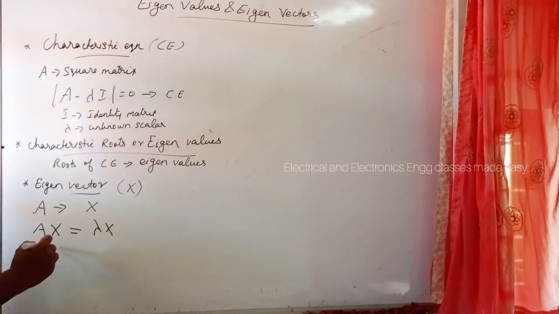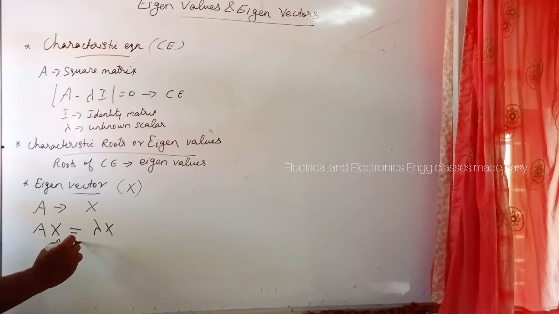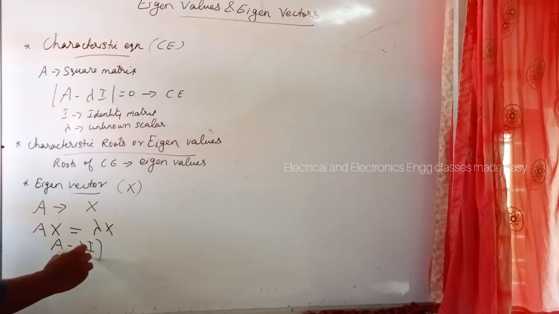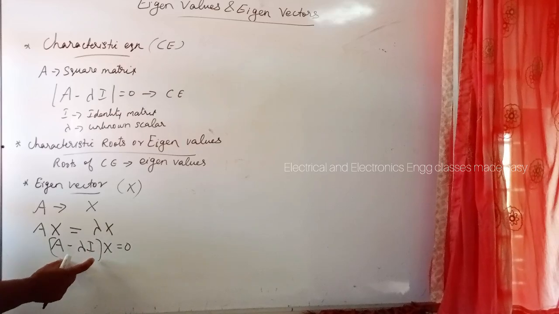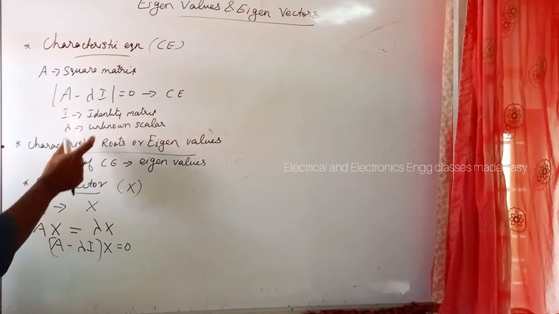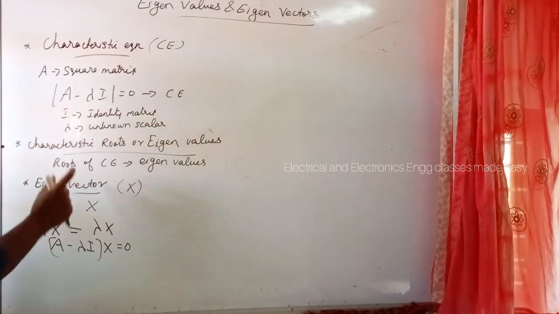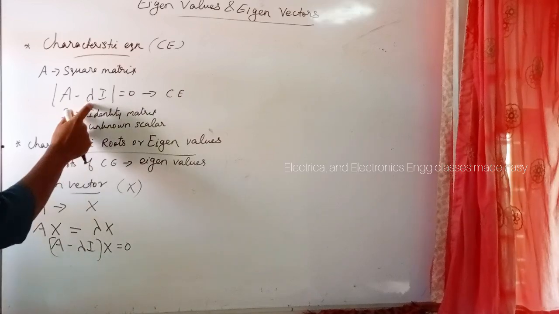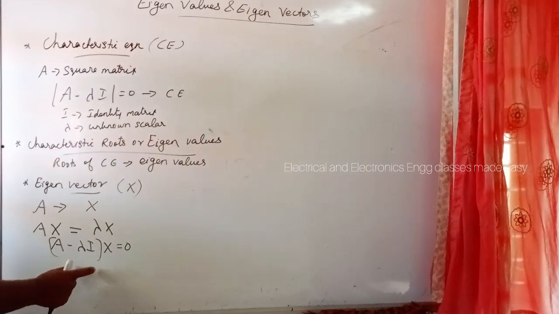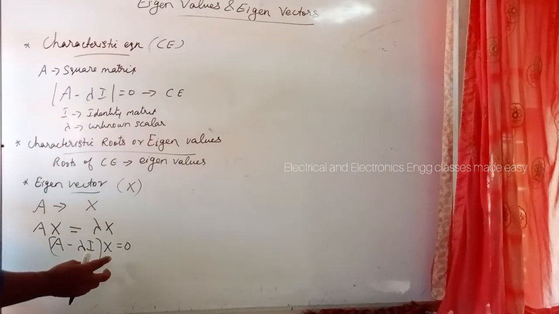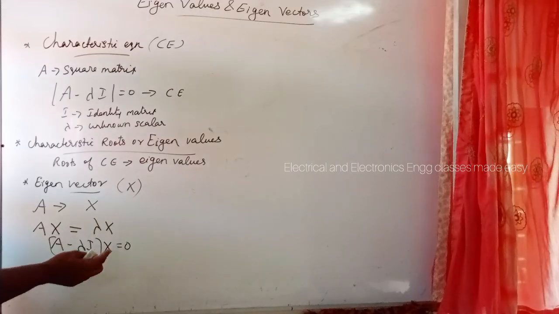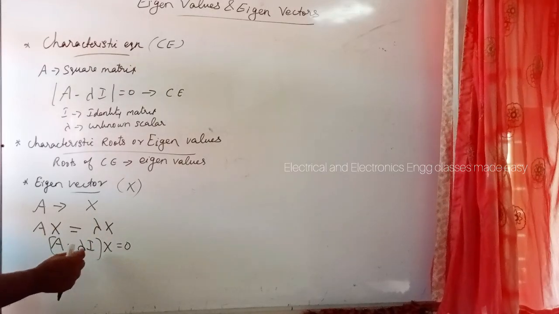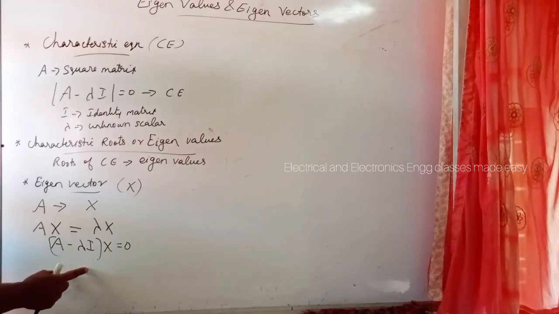So this we can write as (A minus lambda I) x is equal to 0. In this, the determinant of A minus lambda I is called the characteristic equation. Here the eigenvector x is a non-zero vector corresponding to the values of lambda.